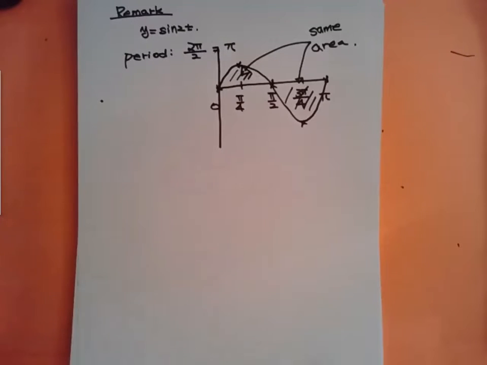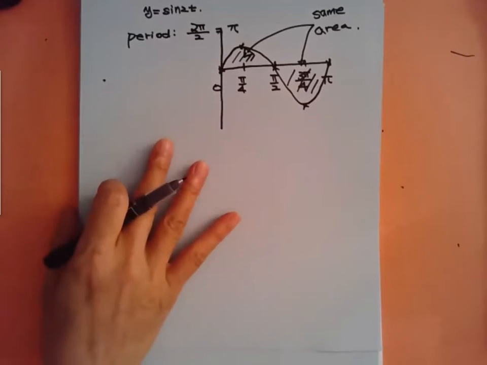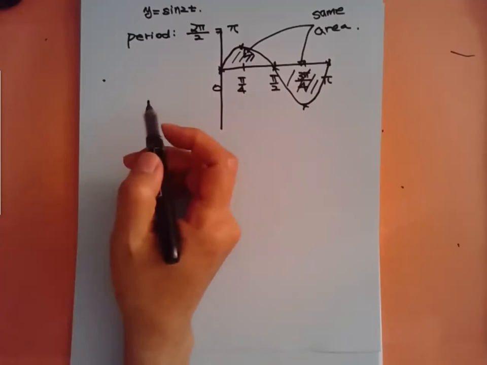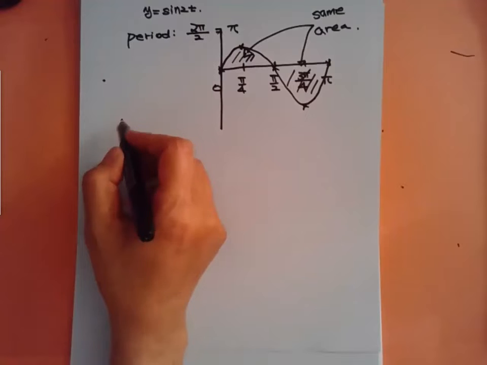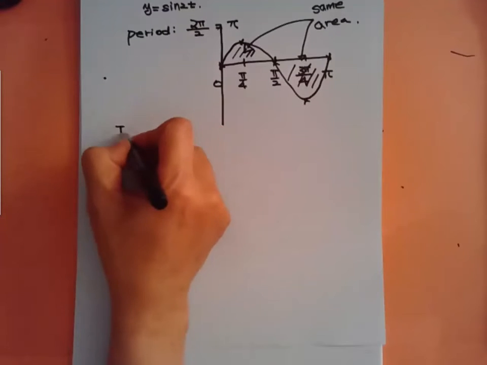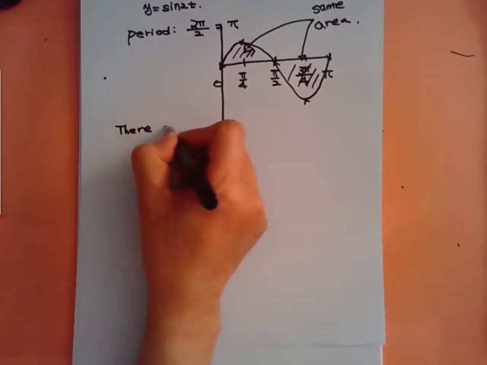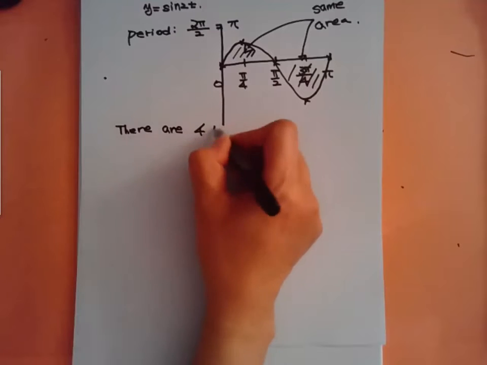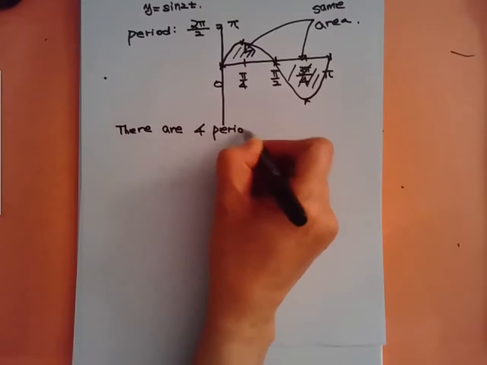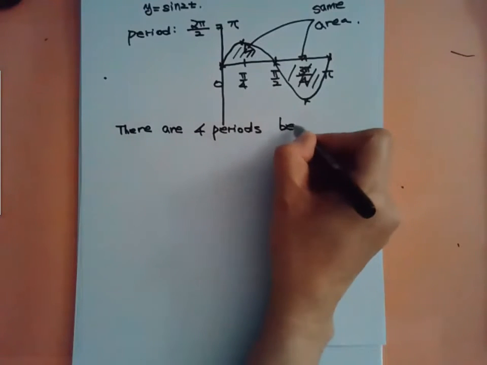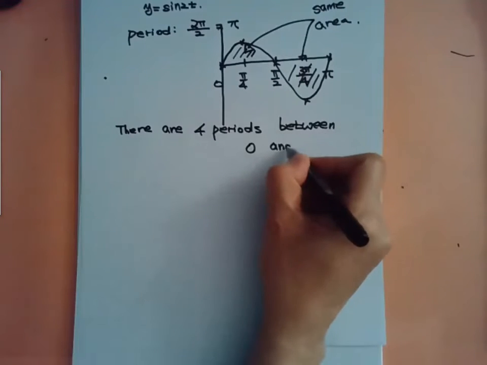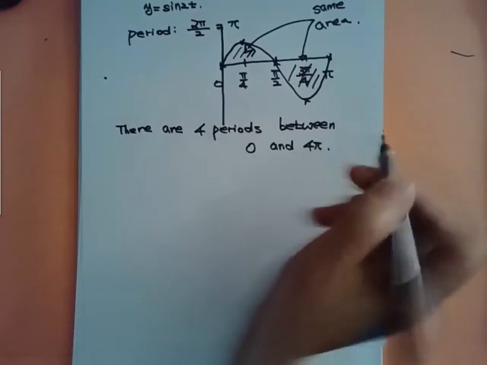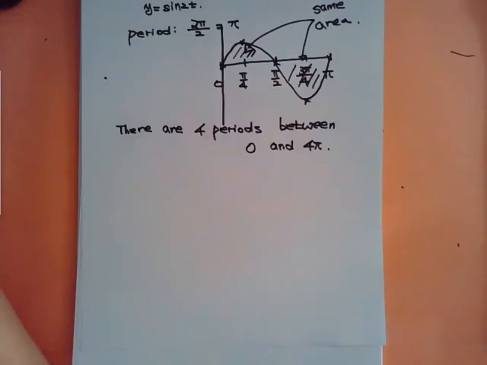So we have to figure out how many periods are included in the interval 0 to 4 pi. We know that there are 4 periods between 0 and 4 pi, because one period is pi.